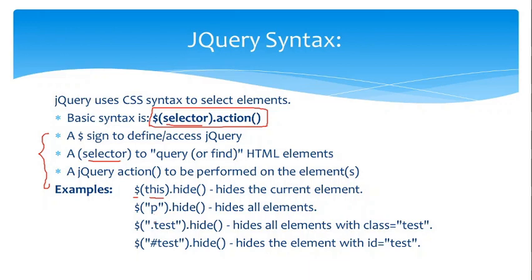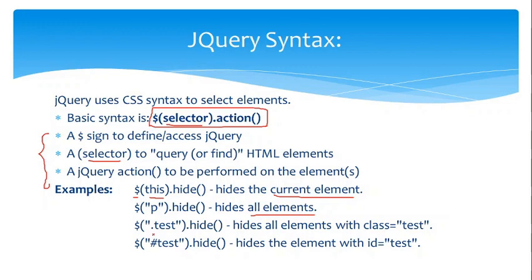$p dot hide hides all paragraph elements. Wherever you write this, it will hide the current element, and here all the elements of the paragraph.